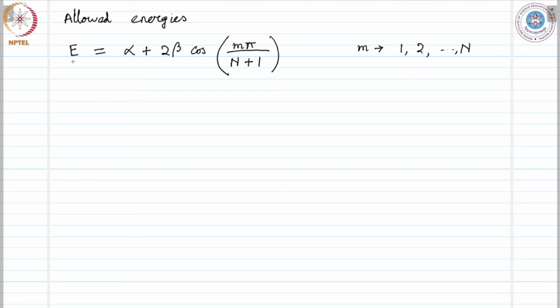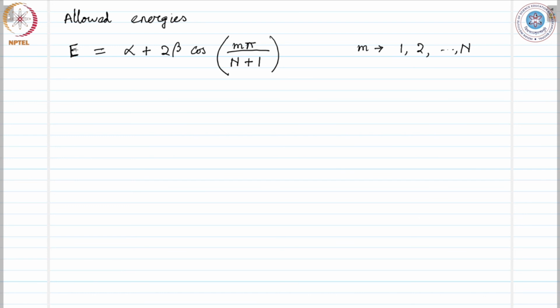You can see that the energy eigenvalues here are discrete because m is an integer, n is a finite integer. So, the energy eigenvalues cannot be continuous for finite number of hydrogen atoms in the system. But if n tends to infinity, you can see that the energy eigenvalues will reach the continuum limit.